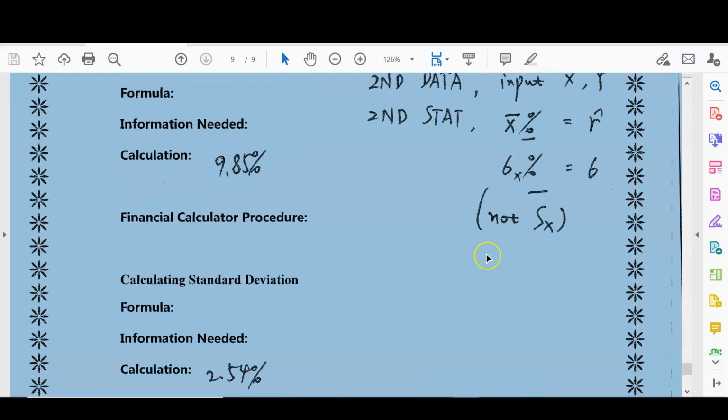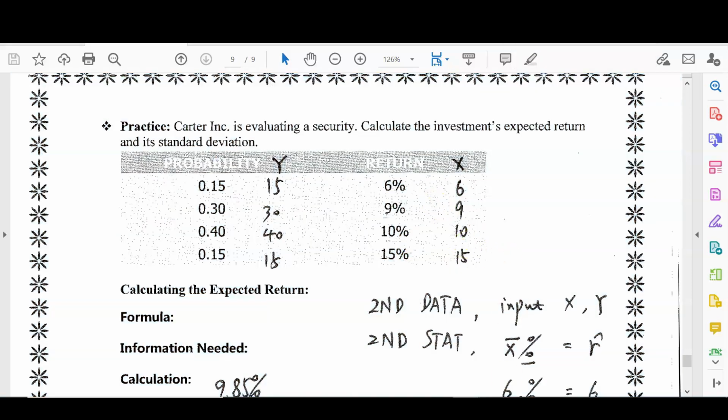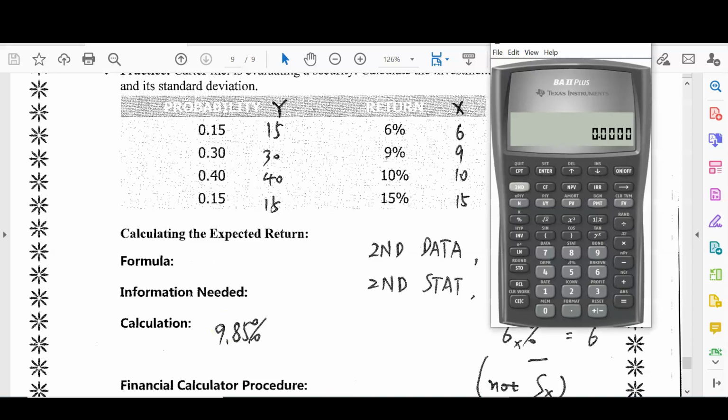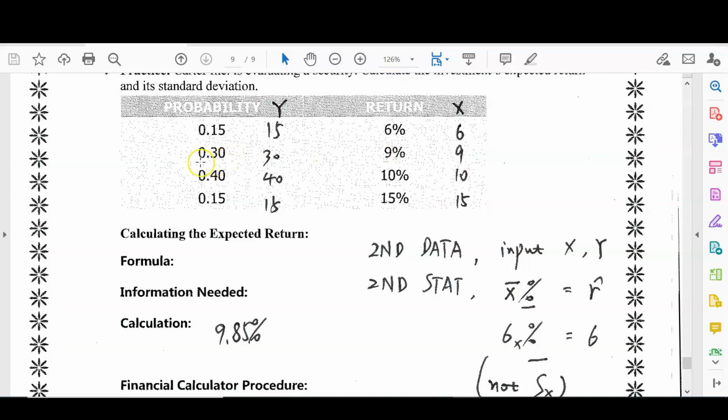Okay, another way to solve this question is to multiply all the returns by the probabilities, so you have the expected return. So it's going to be 0.06 multiplied by 0.15, which is 0.009. You have to write this number down and then multiply 9% by 0.3, 10% by 0.4, 15% by 0.15, and then add them up.